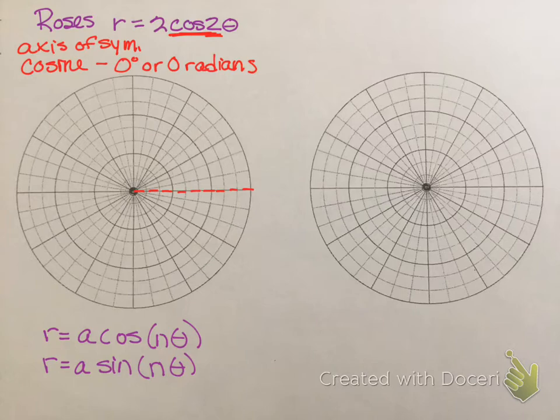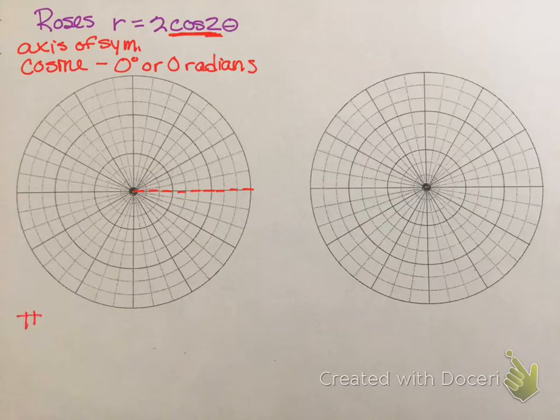Now, your flower has a certain number of petals. If n is even, the number of petals will be 2n.